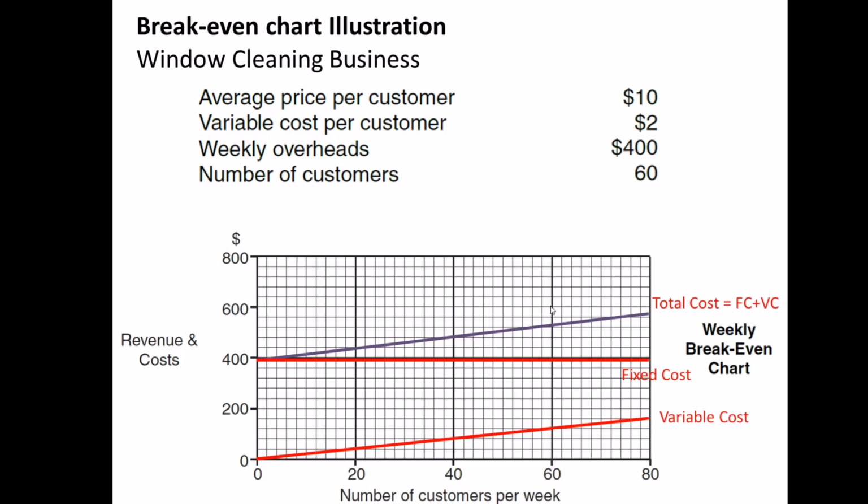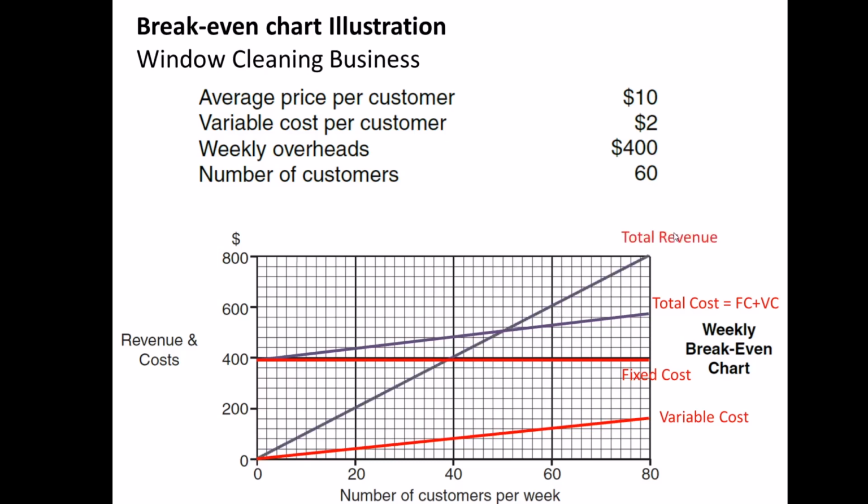So that's one point. Same logic here. If you are selling 0 units, then you will get 0 revenue. So that is your second point. So basically, you have one point here and the second point here. If you line the two points together, then you will find the revenue curve.